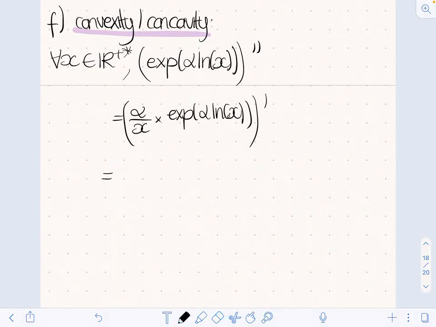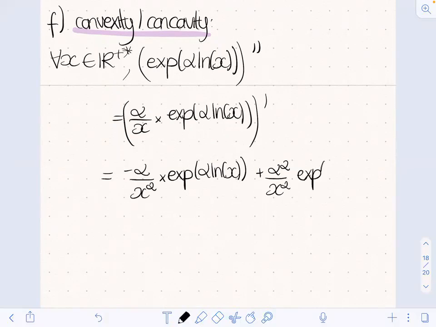So the first thing we can do is derive the first term. We should get minus alpha over x squared times exponential alpha logarithm of x. And in the second case, we're going to derive this term and multiply the derivative by that. We should get alpha squared over x squared, exponential of alpha logarithm of x.